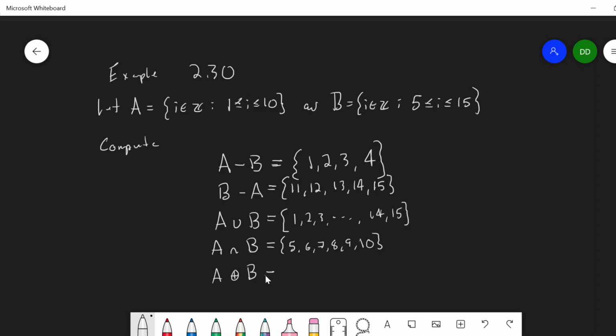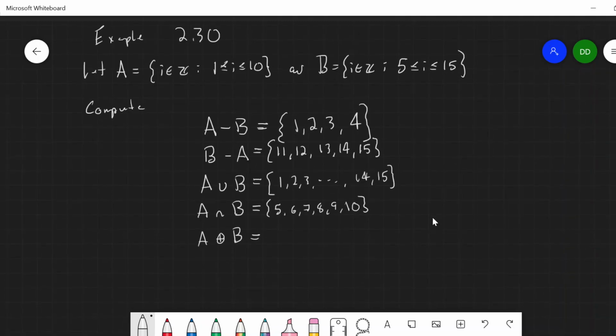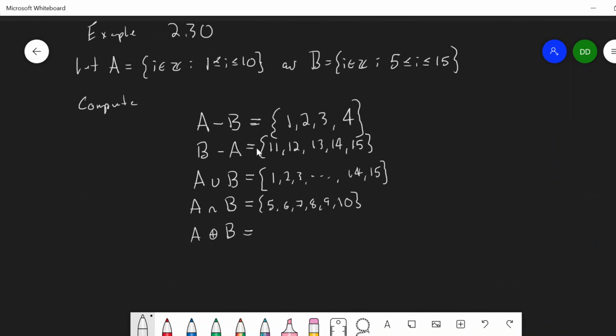And now let's figure out the symmetric difference. So that's A minus B union B minus A is our definition of this. And so let's just take the union of A minus B and B minus A. So this is 1, 2, 3, 4, along with 11, 12, 13, 14, and 15.